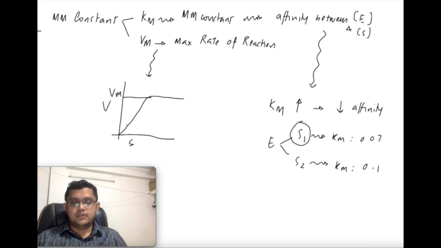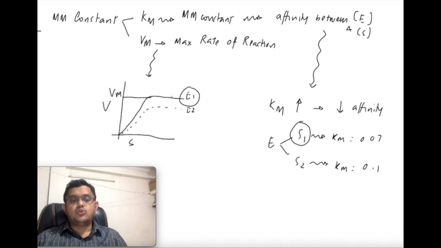If you have two enzymes, E1 and E2, with the same substrate, from this graph we find that E1 is the better enzyme with respect to that substrate based on its processivity. This is the reason why Vm and Km are always the first parameters that we need to calculate for enzymatic reactions. So this is the significance of Vm and Km.